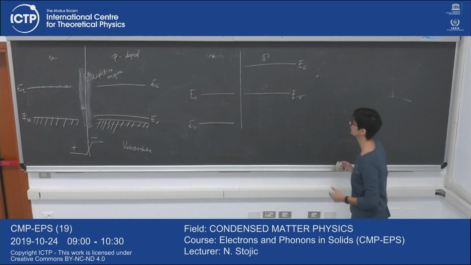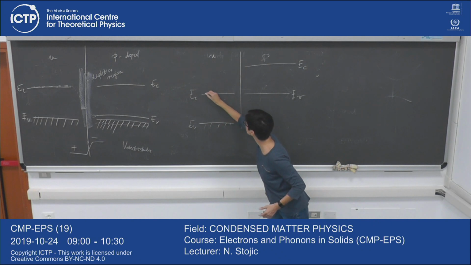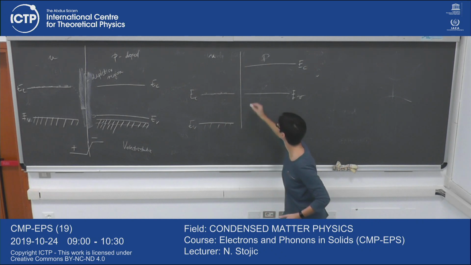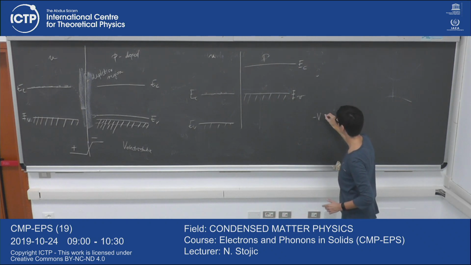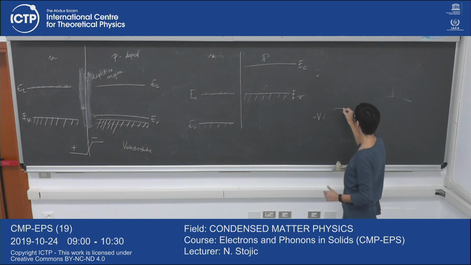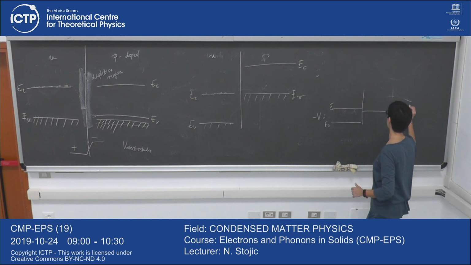So what will you get? This was all occupied, and here there were just a few states. Now you're getting all filled here and nothing here. You make a negative voltage, which lifts the EC of this one above the E valence of this one.